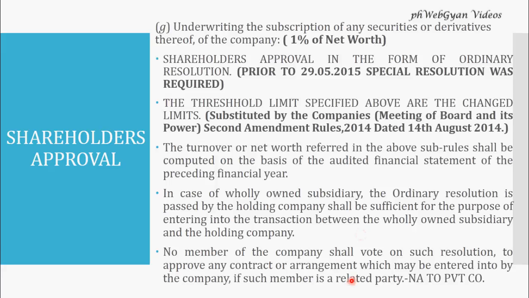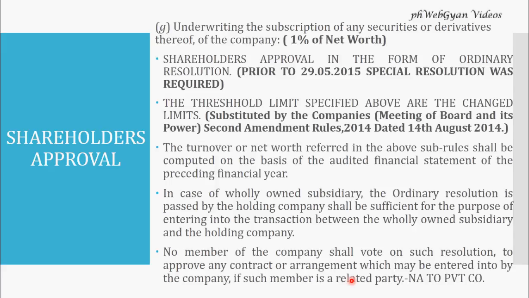Okay, another point is that no member of the company shall vote on such a resolution to approve any contract or arrangement which may be entered into by the company if such a member is a related party. Now, what if the member himself is a related party?